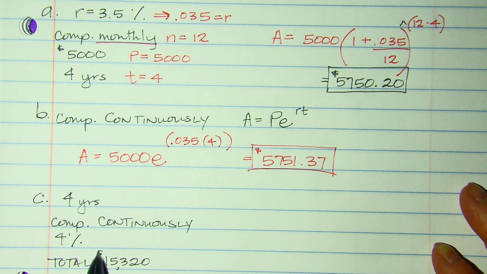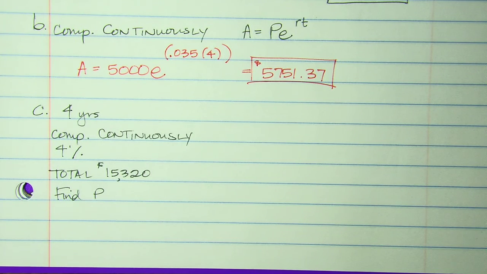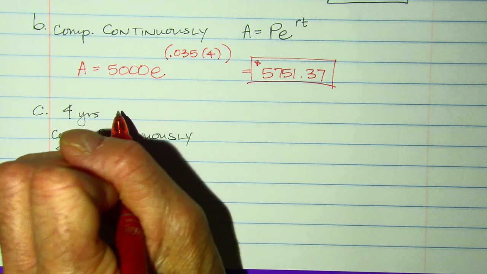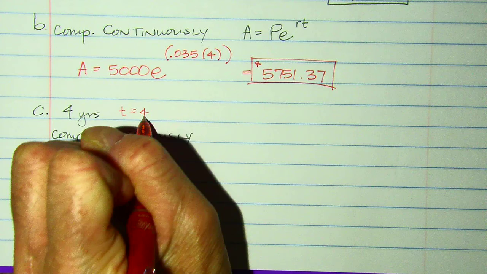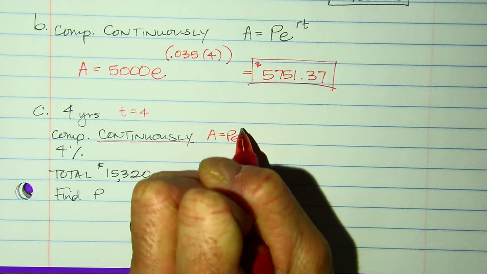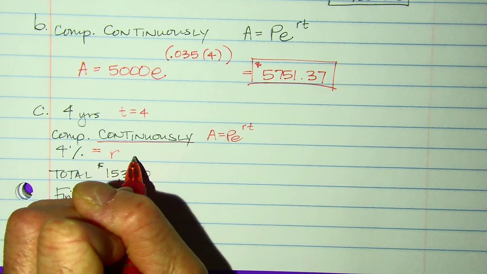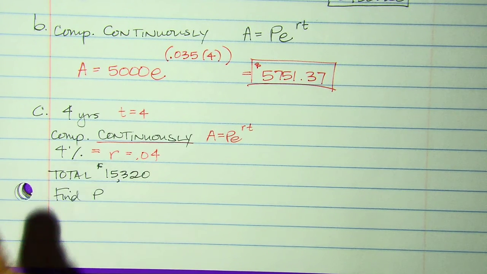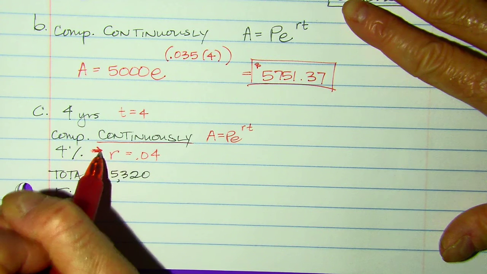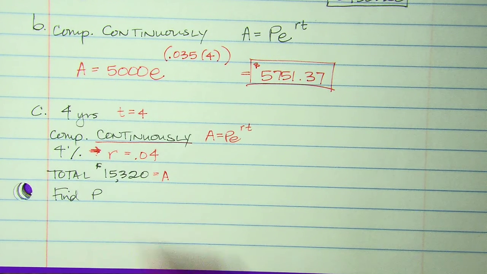And it's asking to find P, the amount that was initially deposited. So 4 years, right? That's t. Continuously means I'm going to use A equals Pe^(rt). 4% means our rate is 0.04. Total would mean what A is, and we're looking for P.